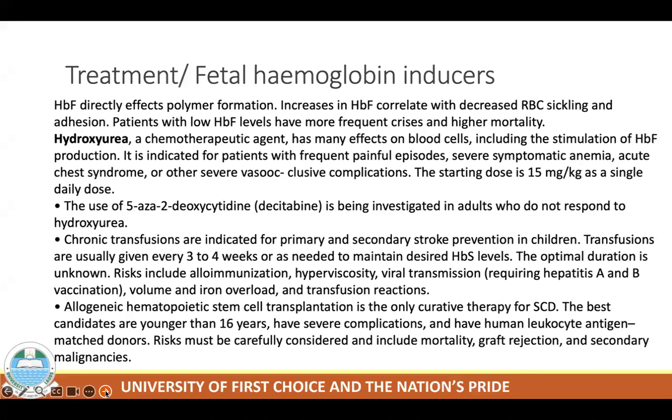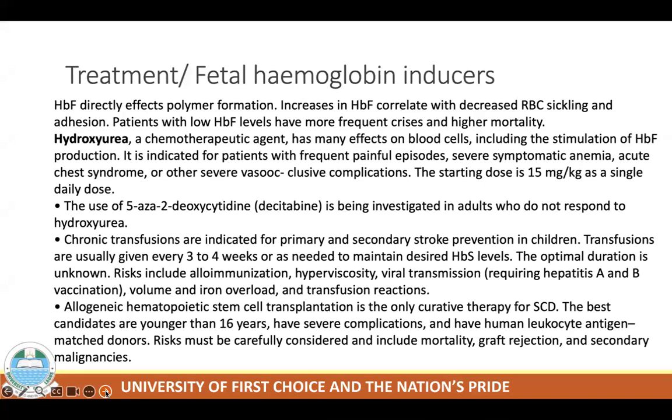And the medicine of choice is hydroxyurea. It's a cheap medicine. Unfortunately, because of low compliance, we still have a lot of patients with sickle cell disease that are dying or not getting access to the best treatment available.